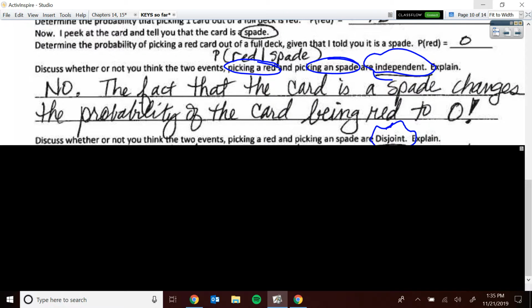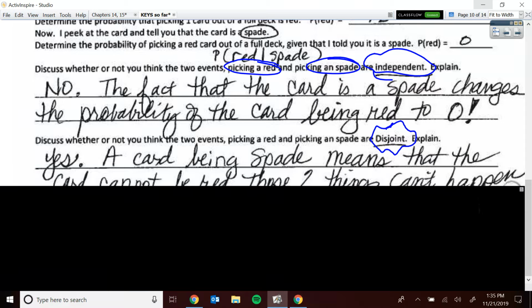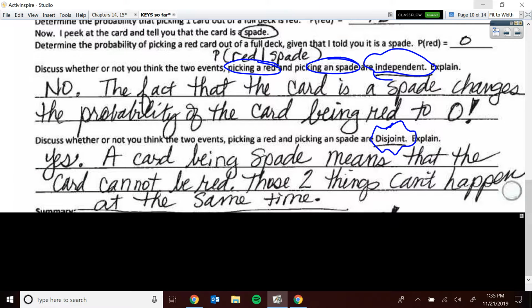Okay, write it down. What do you think? Are they disjoint? Yes. Why? Because you cannot have a red spade. By the way, Richard, your card was a red 3, a diamond 3, and it was red, yes.